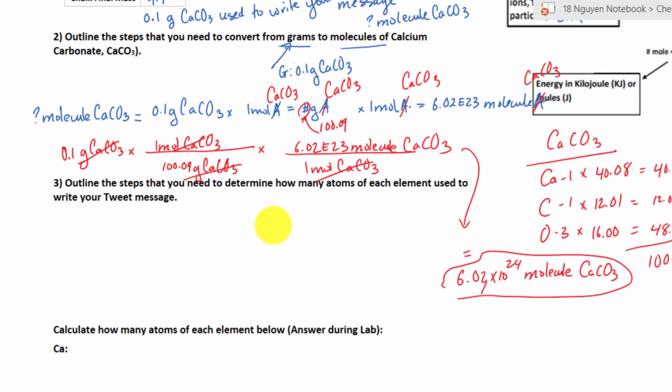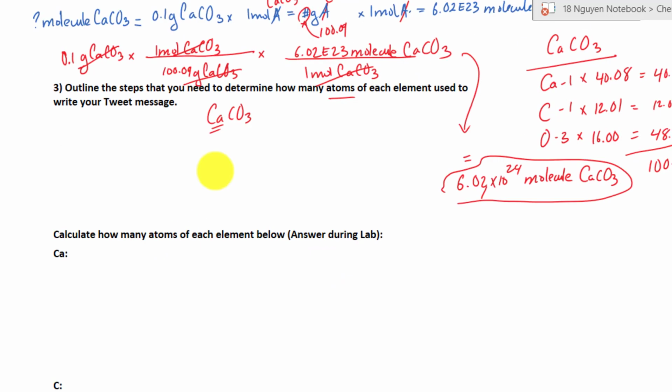Now, for this part, it's going to ask us to count at the atomic level, basically count the atoms. So if we look at this flow chart right here, we look at calcium carbonate, CaCO3, and can we count how many atoms of calcium are being used? Which I described down here. So let's look at this.